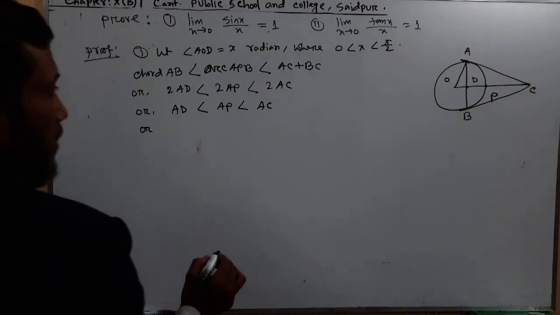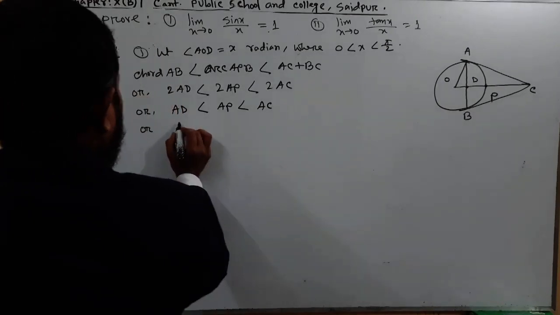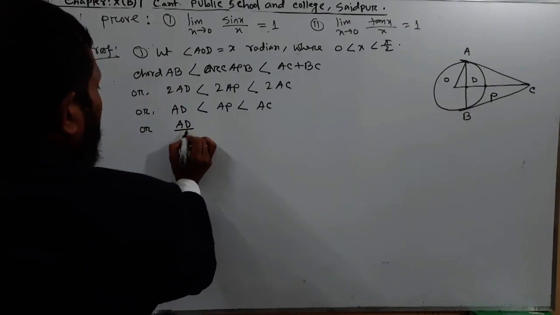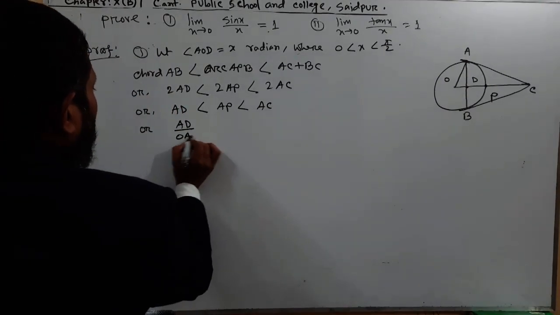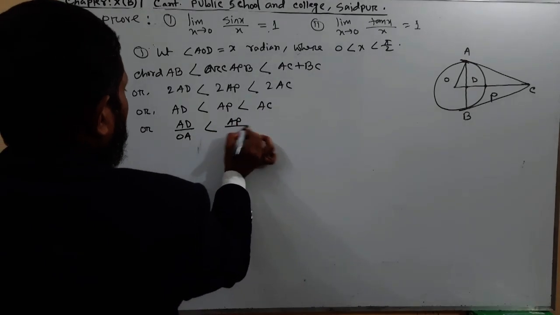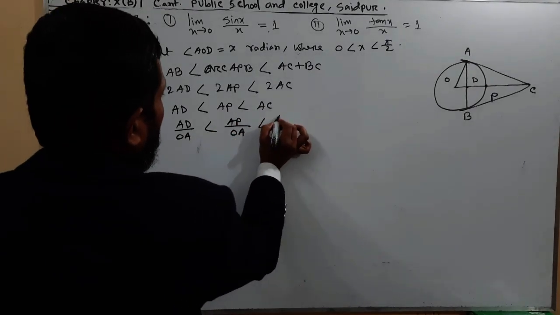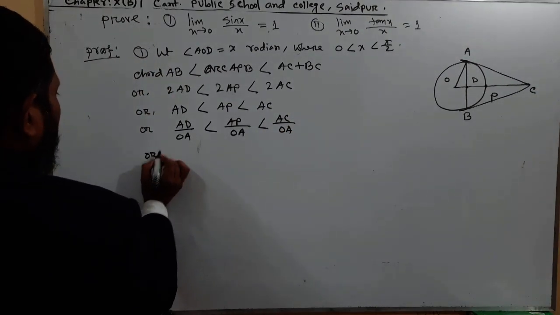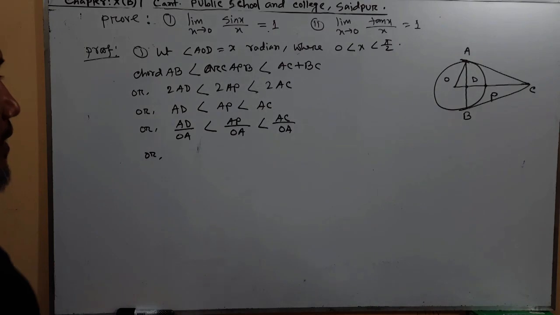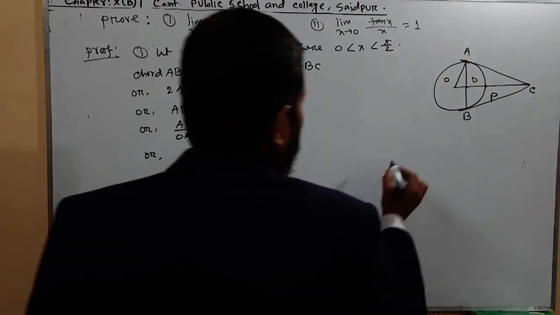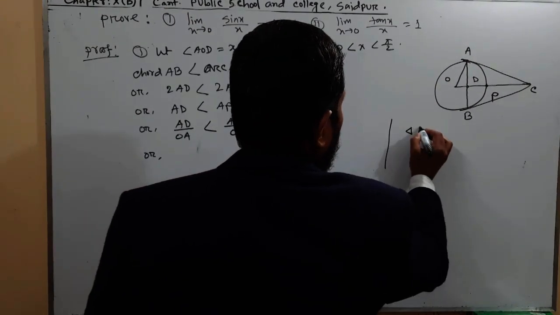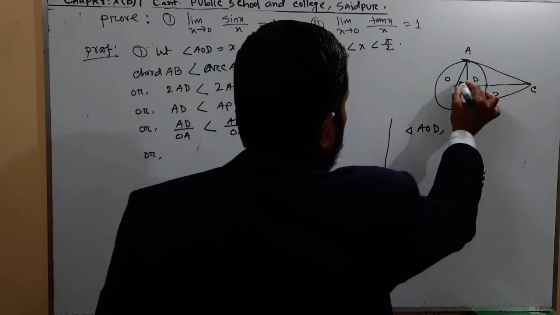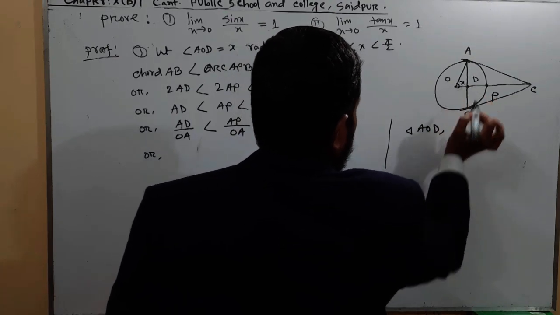Dividing both sides by OA, the radius of the circle. We know in triangle AOD, this is angle x.